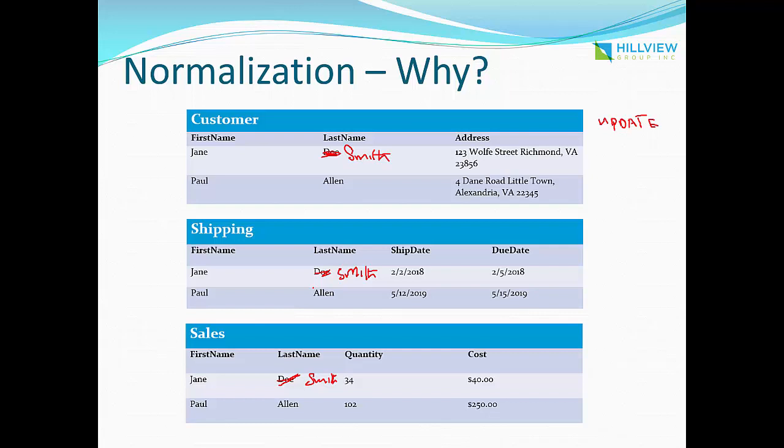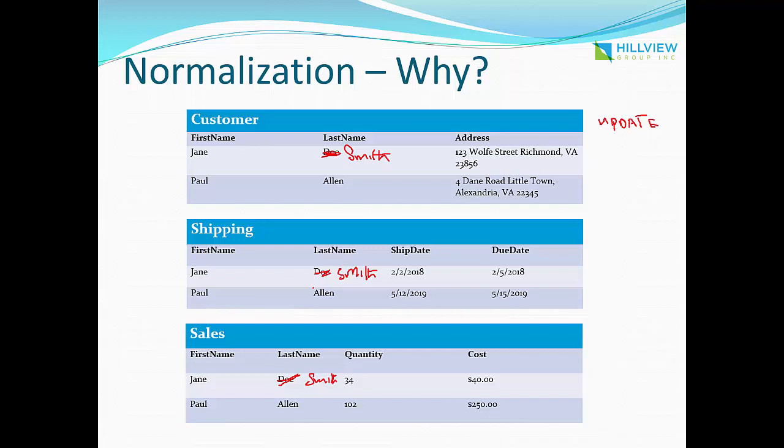Okay? Now you might say, oh, big deal. It's just 3 tables. It's 3 tables in this example. Think about enterprises that have hundreds, sometimes thousands of tables. You will begin to see how this can be a problem in tracking changes made to a single data point.